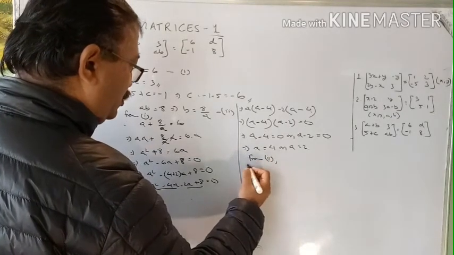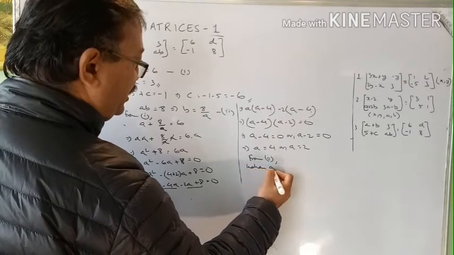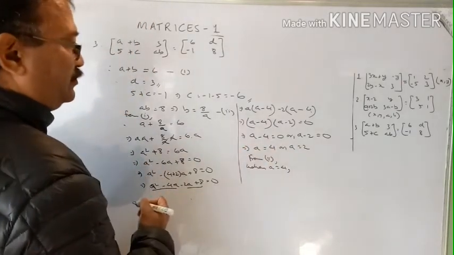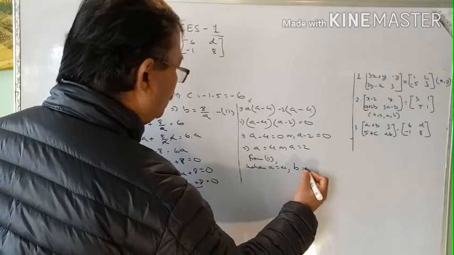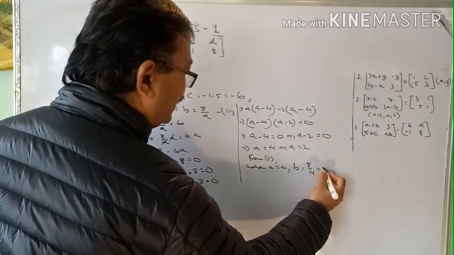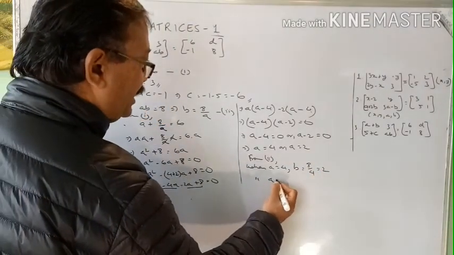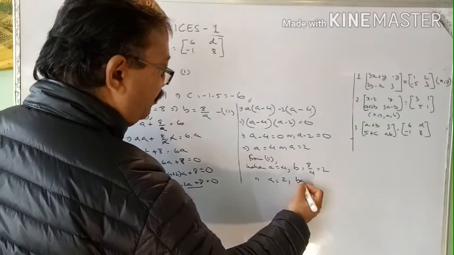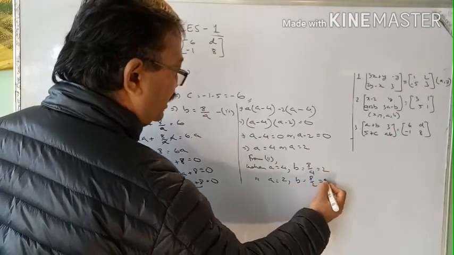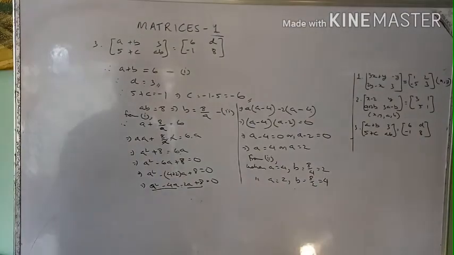When a is 4, b is 8 by 4, that is 2. When a is 2, b is 8 by 2, that is 4.